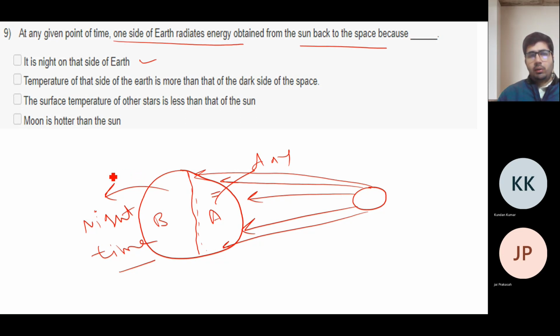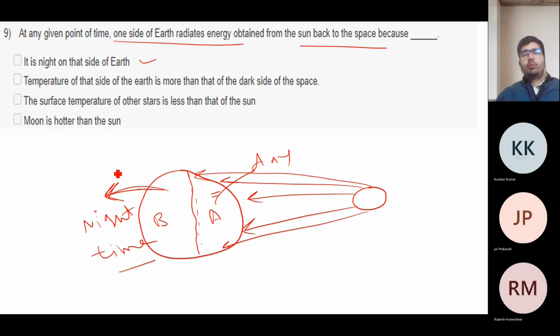So the part which is not receiving sunlight now was maybe in daytime 12 hours before. At that time, the surface of the Earth had already absorbed some amount of heat. We have discussed the data on how much heat the Earth is absorbing.